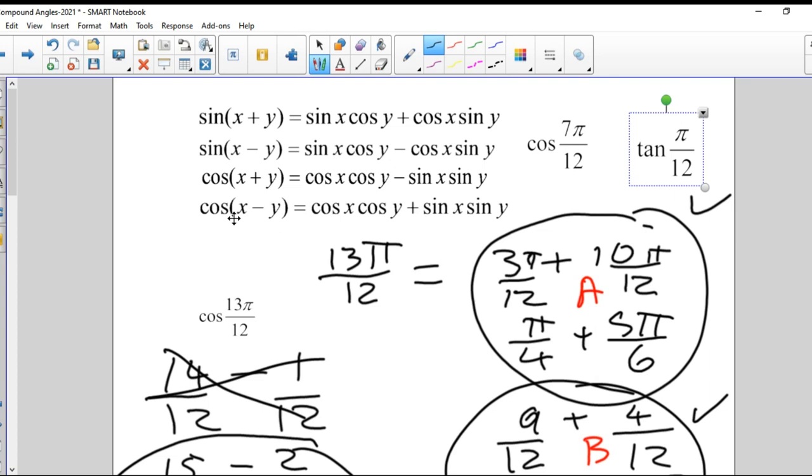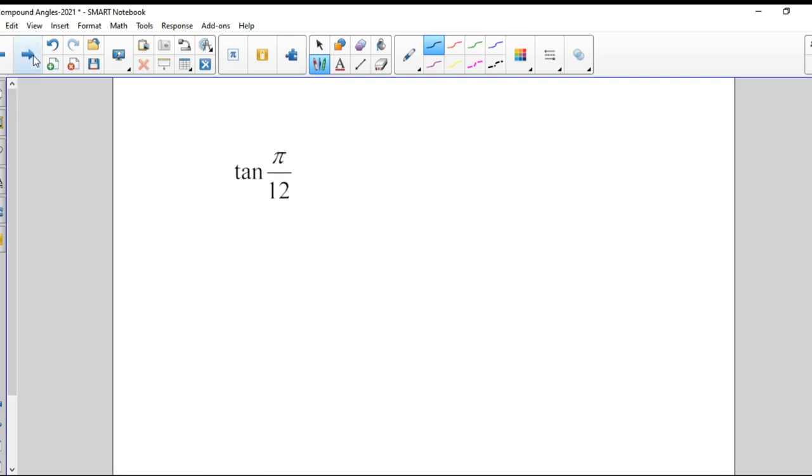So I'm saying, what if I gave you something like this, but I just gave you the formulas for cosine and sine? What are you supposed to do? Well, Jeremy is on the right track, right? The fact is that tan of pi over 12, and this is something we're going to be doing when we start looking at trig identities later on, is the equivalent of taking the sine of pi over 12.